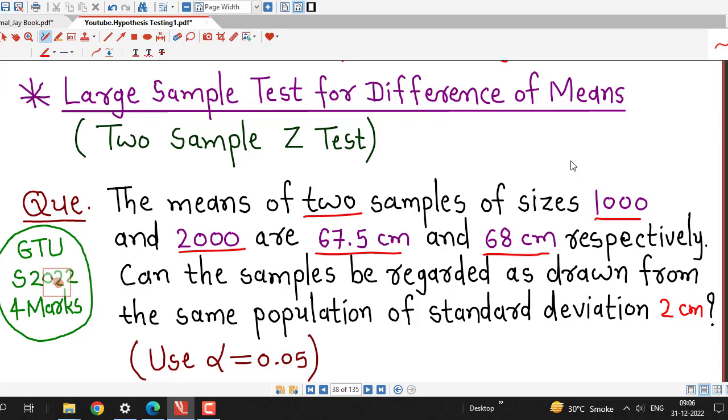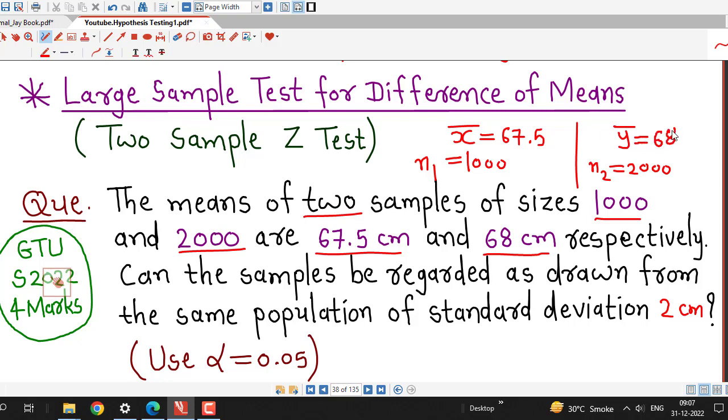Here we are given data for two samples. If we denote first sample mean by x bar and second sample mean by y bar, then it is given that if we are considering sample of size n1 equal to 1000, then its sample mean is given as 67.5 cm, and for another sample of size n2 equal to 2000, sample mean is given as 68 cm.